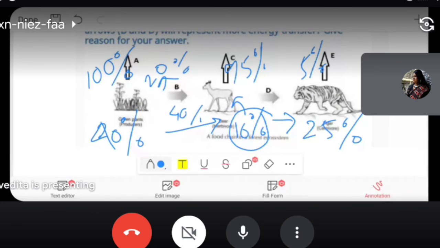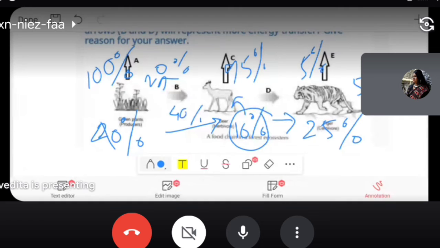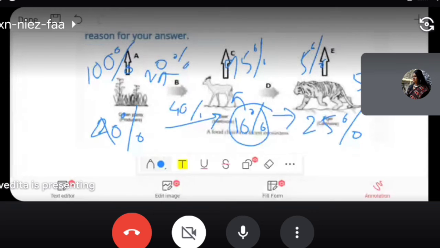Then 5% will be consumed by them, and then in the next consumer, if any consumer is left, a smaller amount will be transferred to them. That's why when we go to higher organisms, the energy decreases. So this is the reason.